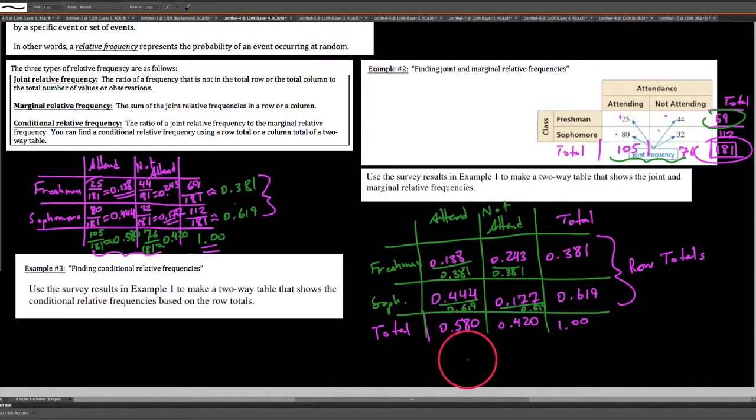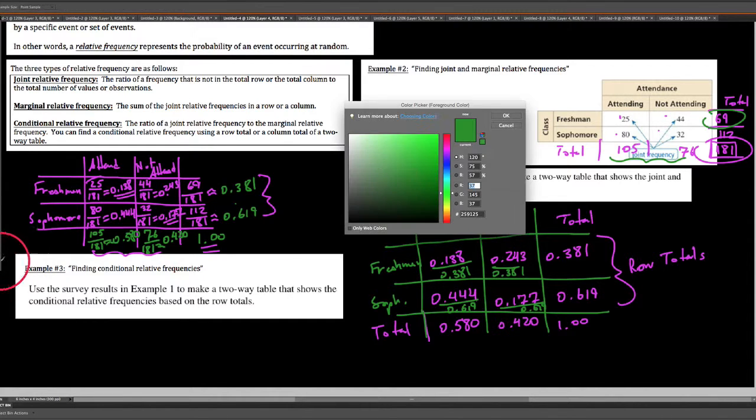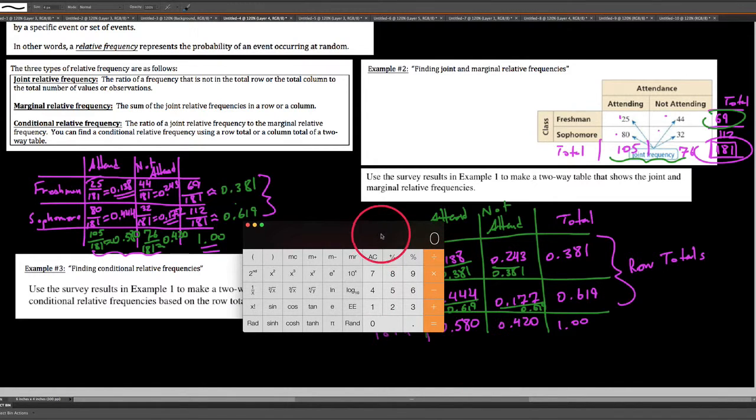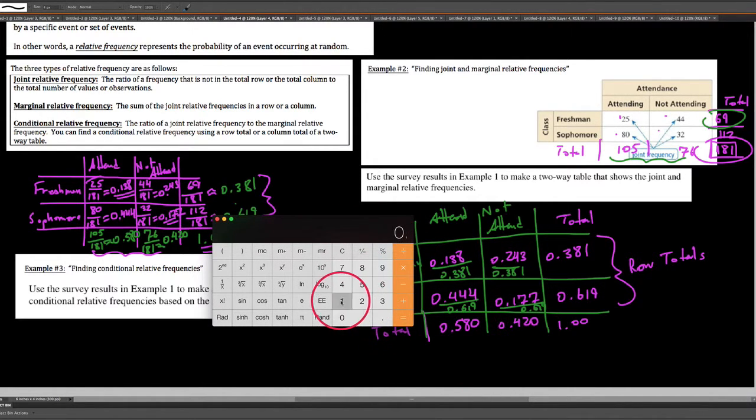So essentially we're getting some new values here, and I'll switch colors. Of course, you should probably write a lot smaller than I'm writing. When we take, for instance here, 0.138, let me get my calculator out, 0.138 divided by our 0.381, we end up with our conditional relative frequency for those who attended of the freshmen, which is 0.362.